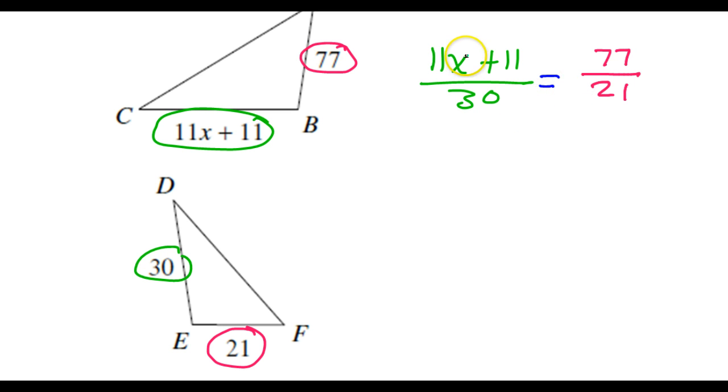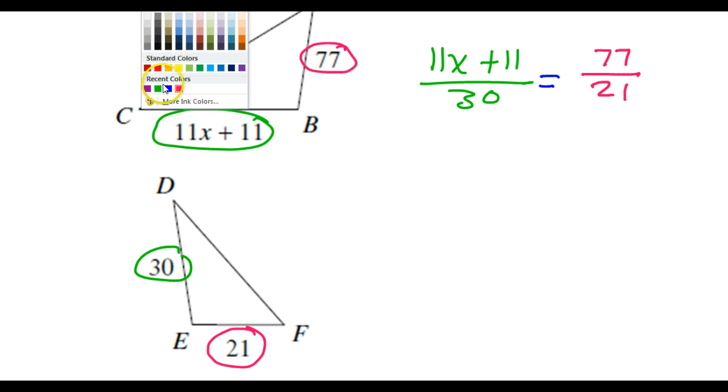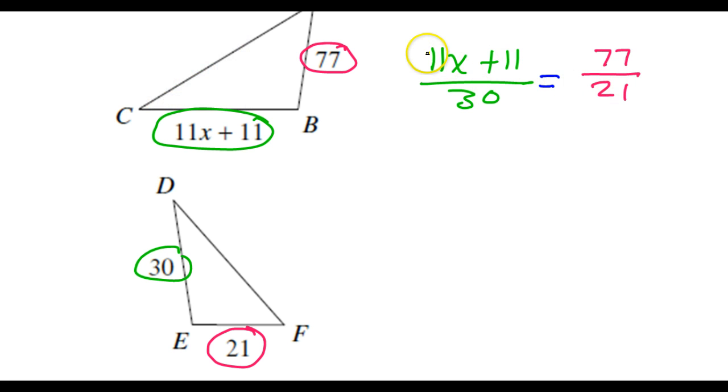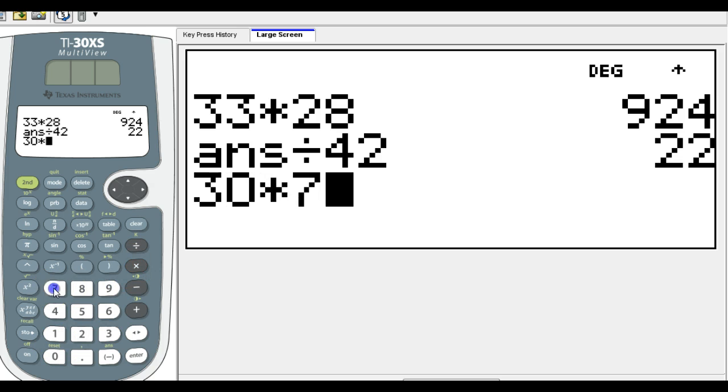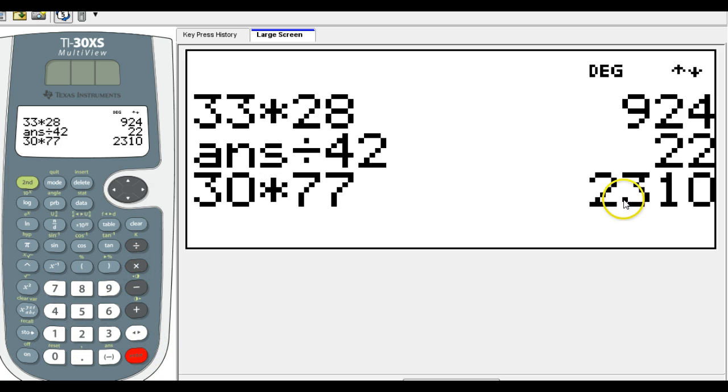Be careful when you cross multiply with these. You're going to have to do the distributive property. So when I do 21 times 11x plus 11, you're going to have to do the distributive property. 30 times 77, meanwhile, is 2,310.